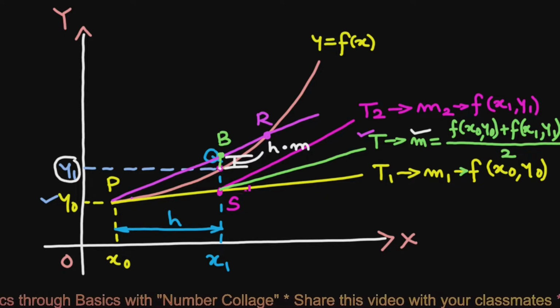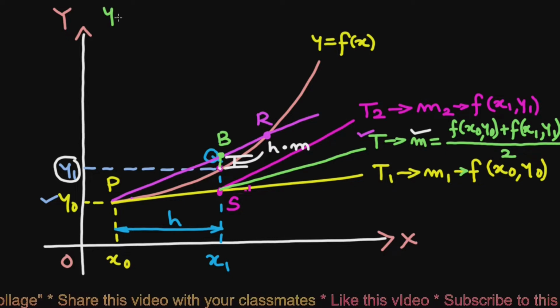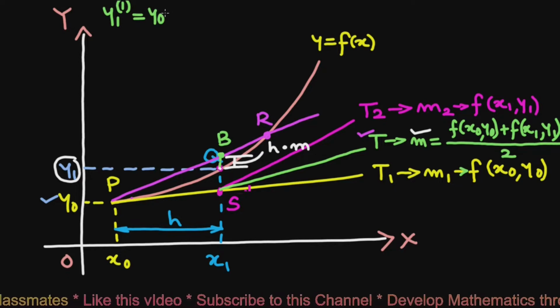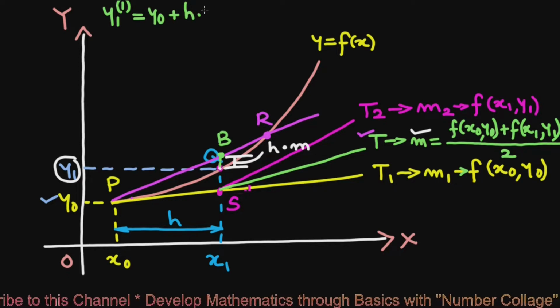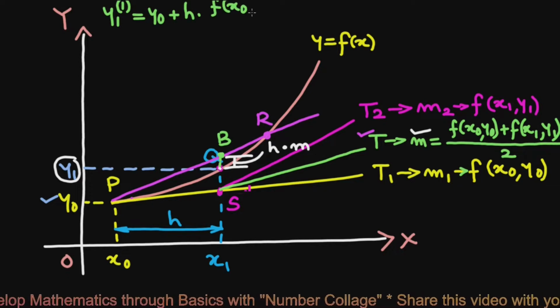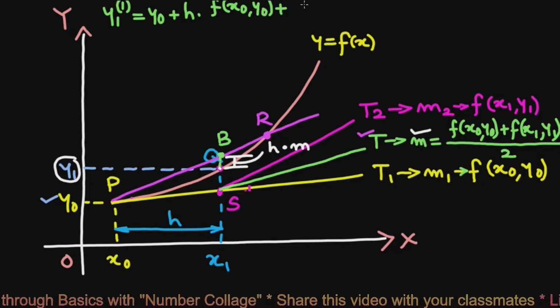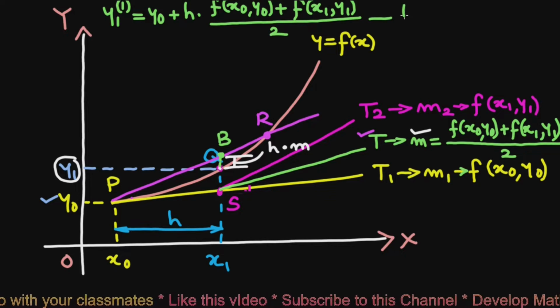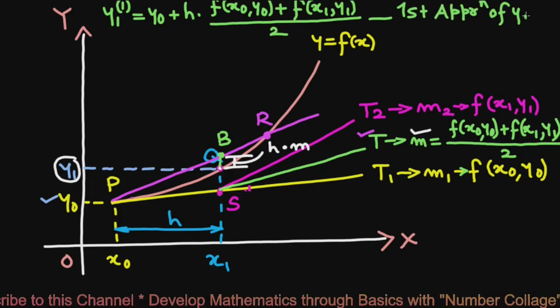In the first approximation we call this y1 as y1 superscript 1 equals y0 plus h times f of x0 comma y0 plus f of x1 comma y1 upon 2. This is the first approximation of y1.